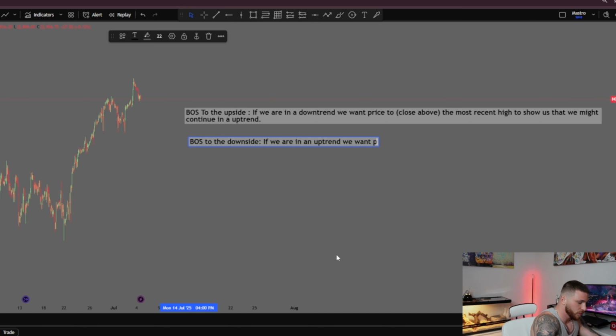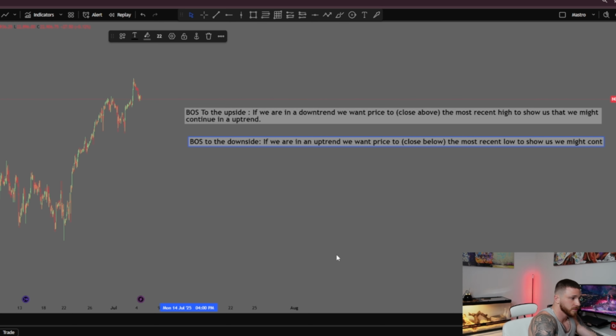We want price to close below the most recent low, because we'd form a lower low showing us that we may continue in a downtrend. Correct? Boom.